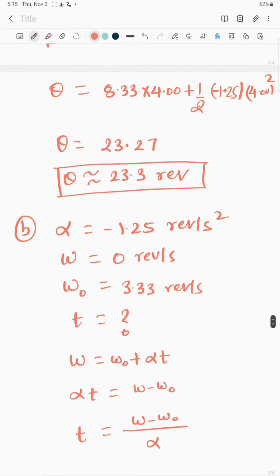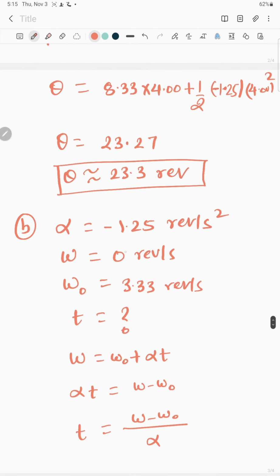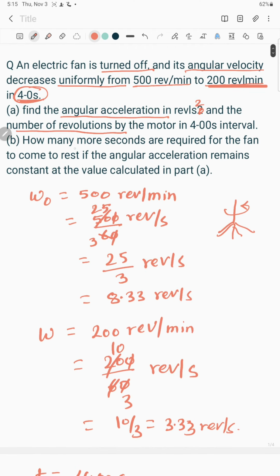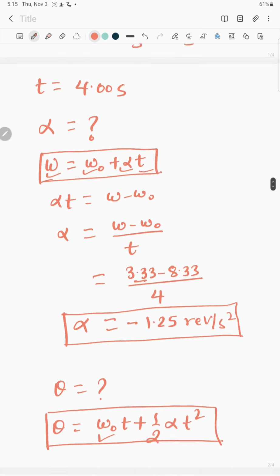So I'm taking the initial velocity as 3.33 revolutions per second. This is converted into revolutions per second. Originally it is given in revolutions per minute. But what will be the final velocity? The final velocity will be 0. Why? Look here. How many more seconds are required for the fan to come to rest? Finally, this fan will come to rest. That's why the final velocity will be 0.